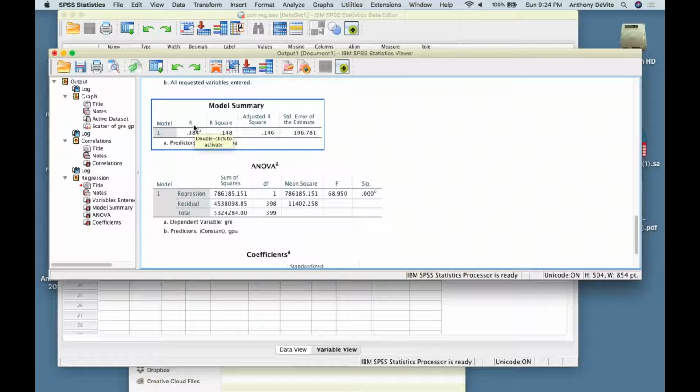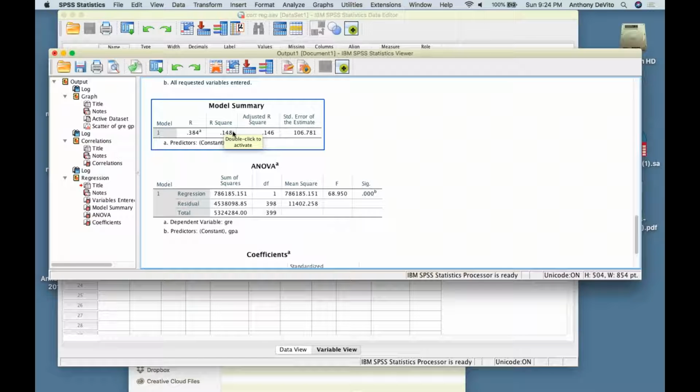Let's take a look at the values that it found for R. R, that Pearson's correlation coefficient, is equal to 0.384. Okay, that's what we found before for the correlation. That makes sense, right? And that's based on how far all those values were from a best fit line, right? And then it also calculated something called R squared. And in fact, R squared is just simply 0.384 squared, so it's 0.148, about 0.15.